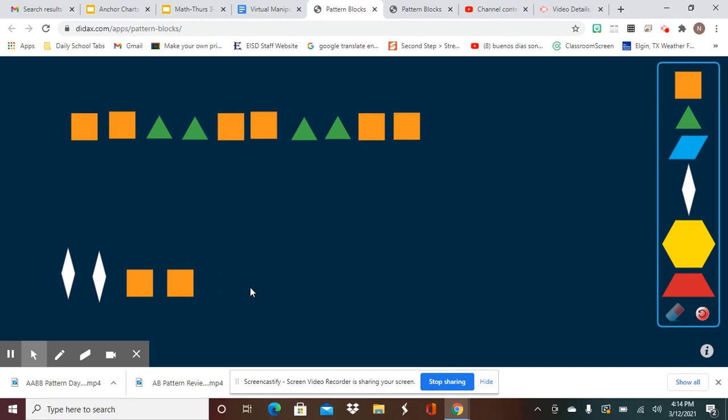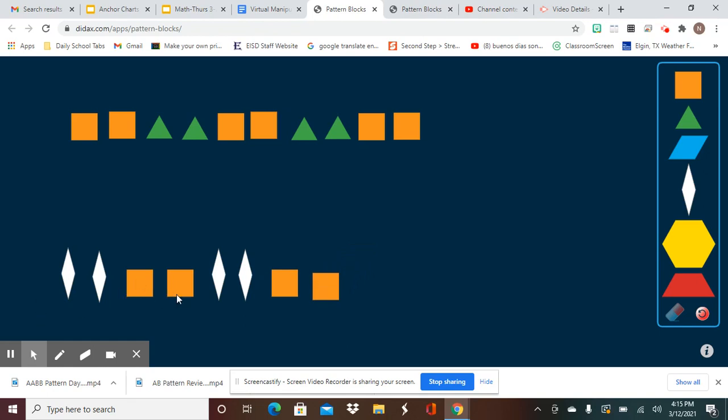Or in our order or our rule. So that's kind of silly. So what could it be? Rhombus, right? How many rhombus? 2 rhombus, right? So we have rhombus, rhombus, square, square, rhombus, rhombus. So what's next? Square, square. Good job. So we have square and square.